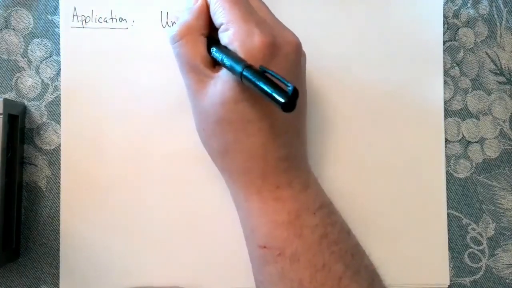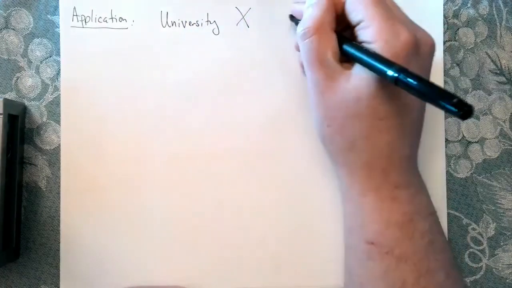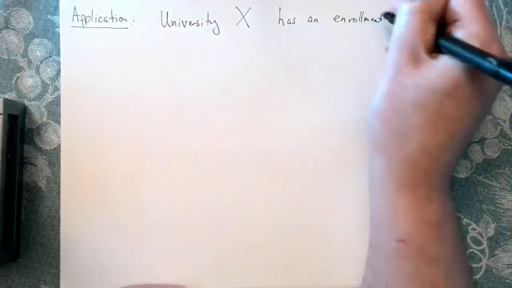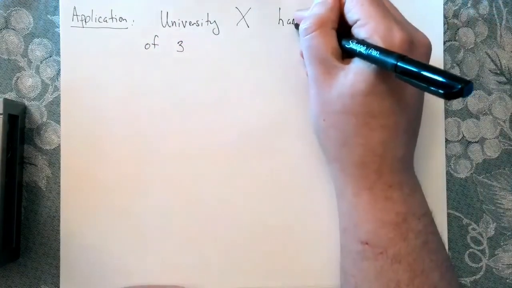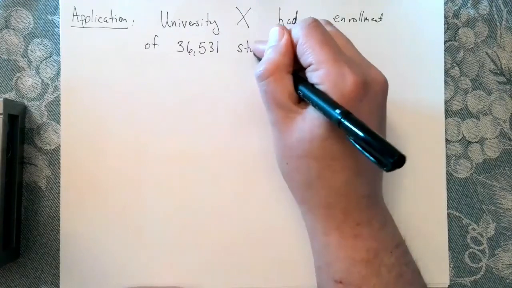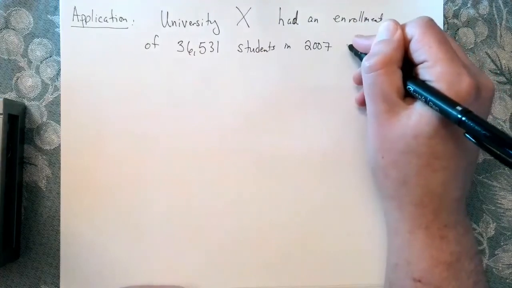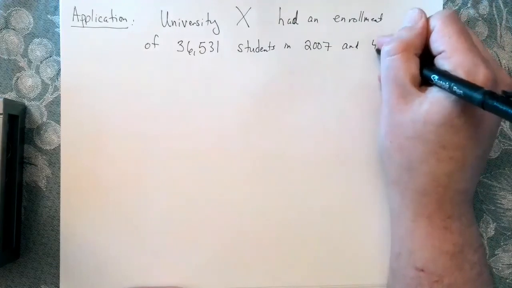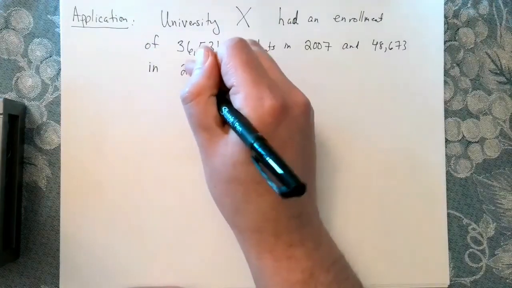All right, so let's say that University X had an enrollment of 36,531 students in 2007, and let's say University X has an enrollment of 48,673 students in 2020.